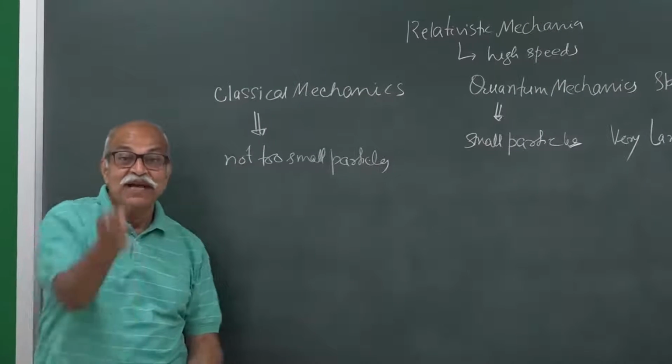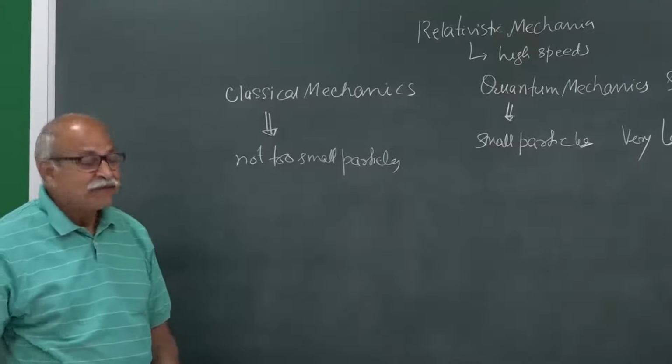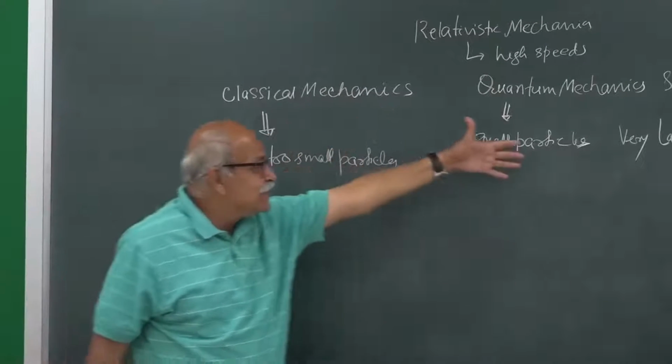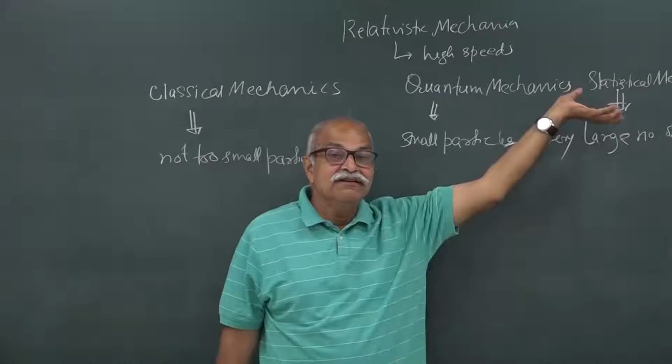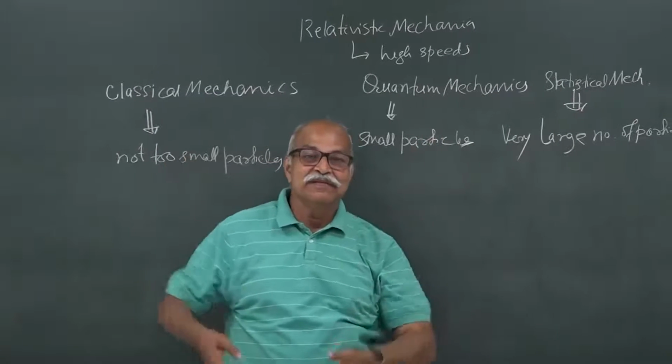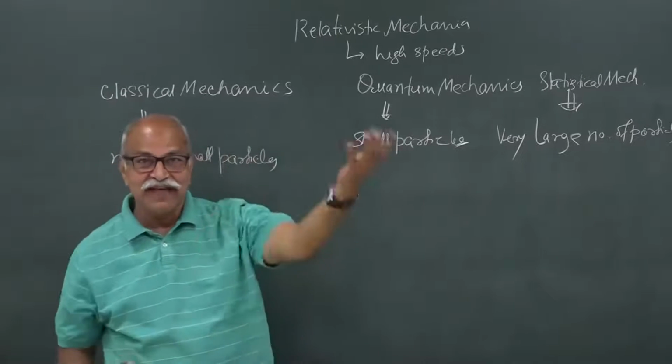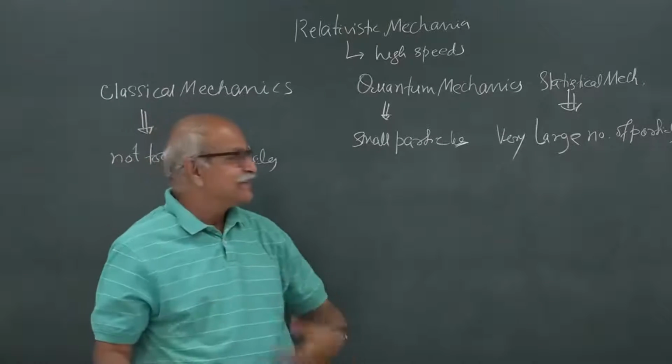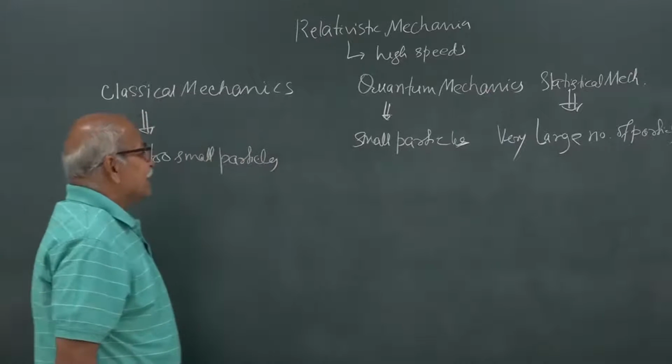A rigid body will have a large number of particles, but here you have, like, gas molecules in a gas jar. So, you have a large number of molecules, each molecule going in a different fashion. That is done under statistical mechanics.